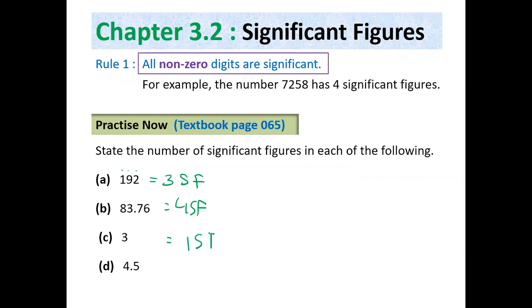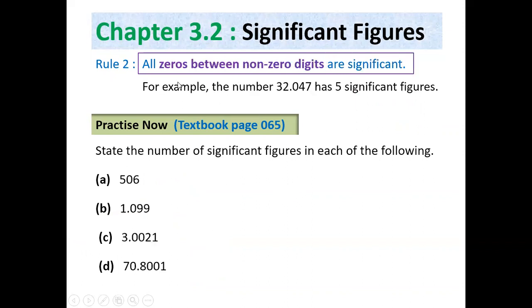One significant figure. SF means significant figures. And 4.5: two significant figures. You just count 1, 2. This is very simple and quick to understand, right?